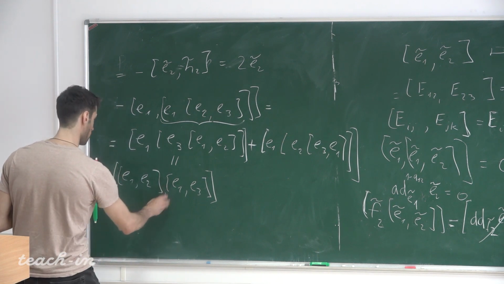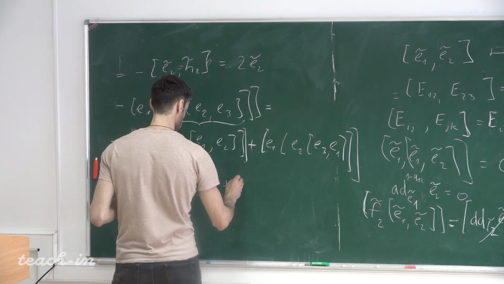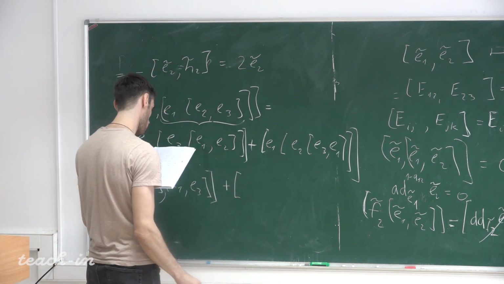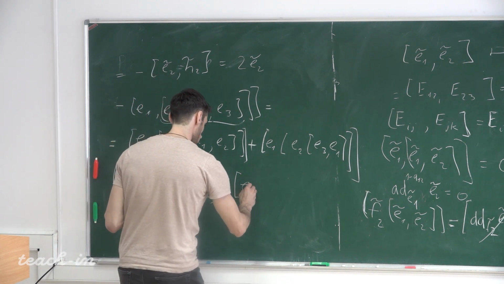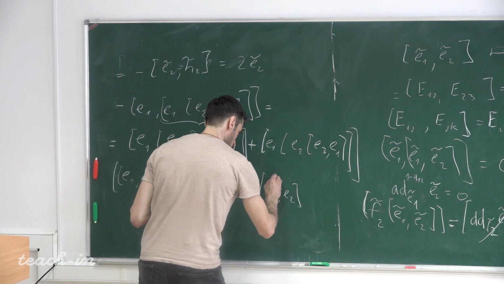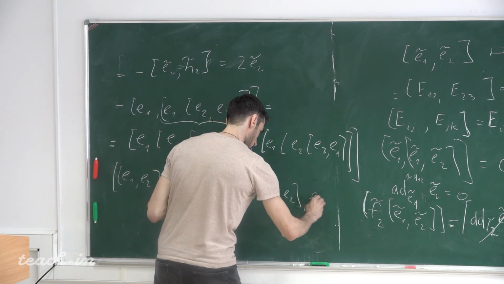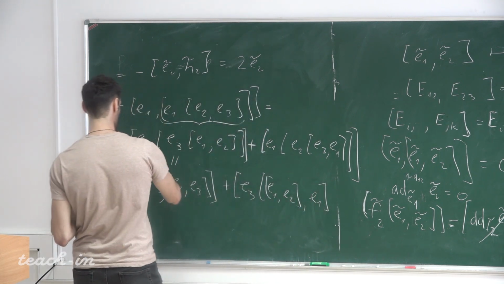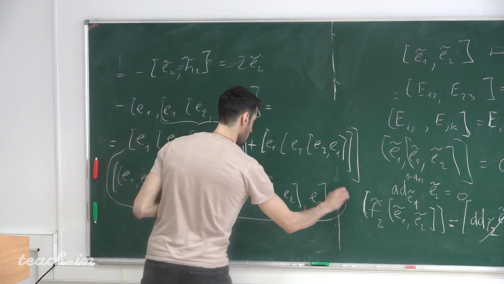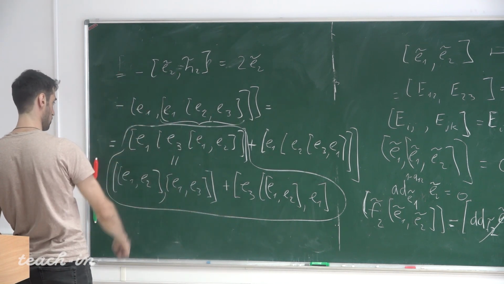So this is the first vector, and then two others, right? Plus E3, and then E1, E2, right? E1. So this is just this term. This is the Jacobi identity for this term.